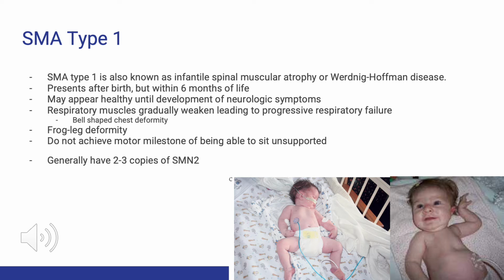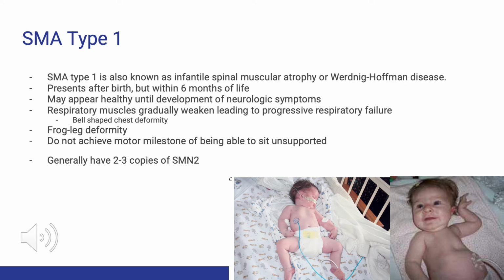Now, these symptoms are all secondary to the weakness in bulbar muscles. Some things that you may notice on physical exam are the bell-shaped chest deformity, and this deformity is due to the weakness in the intercostal muscles, which leads to a paradoxical breathing pattern in which during inspiratory effort, the rib cage tends to move inward and the abdomen moves outward.